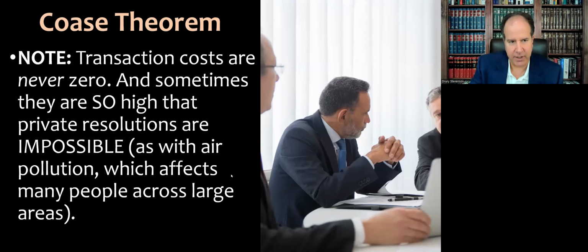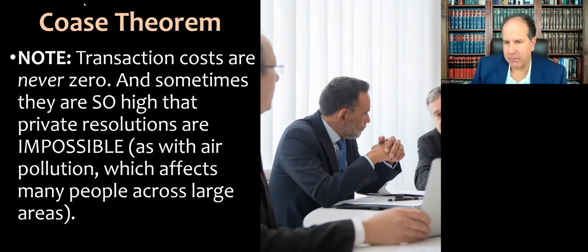Or to put it another way, transaction costs are never zero, and sometimes they're so high that private resolutions are impossible. And I'll give you another example: air pollution. Let's say that there's a power plant in Ohio that's putting a lot of sulfur dioxide into the air, but that's not going to just stay in Ohio. That's going to disperse and come down as acid rain in Vermont and Maine and New Brunswick and Canada and so forth.